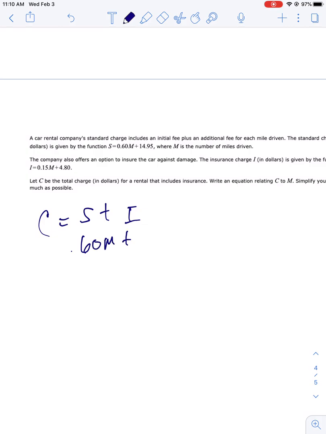plus 14.95, sorry about that. Plus the insurance, which is 0.15m plus 4.80. Now let's combine our like terms.